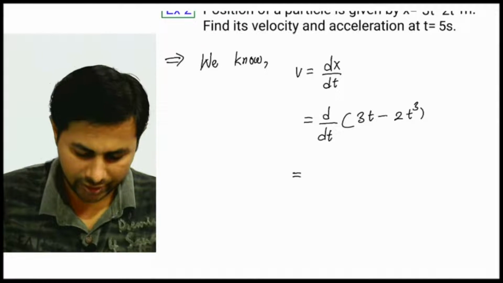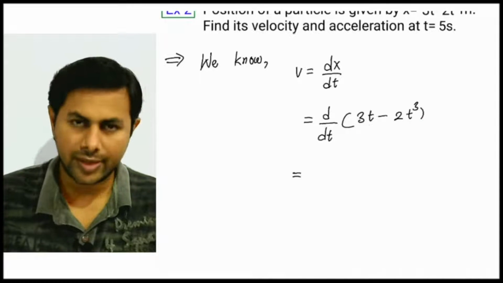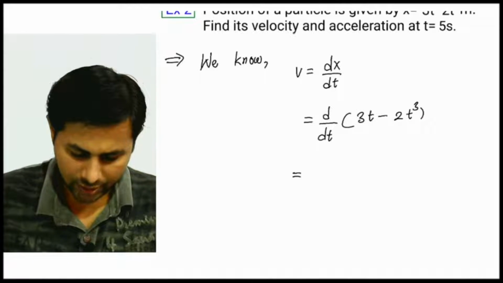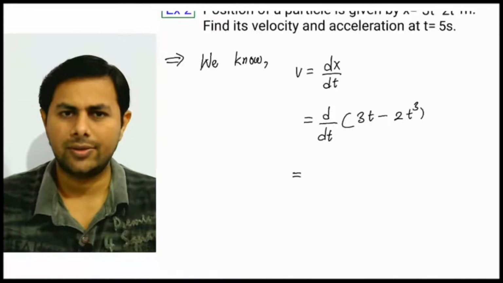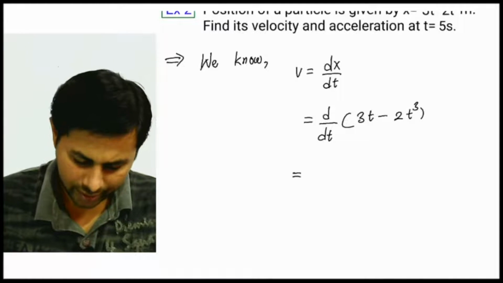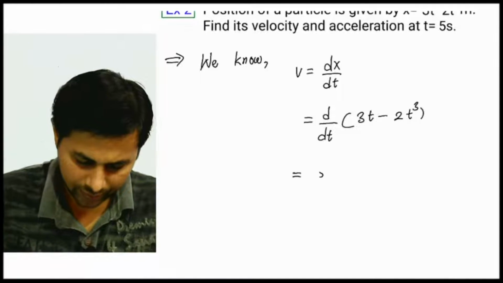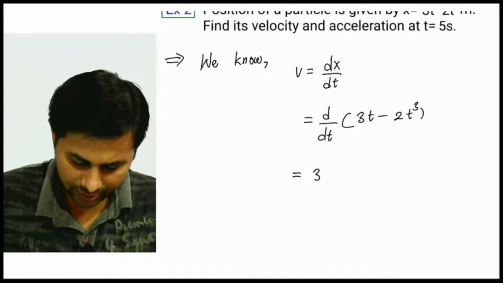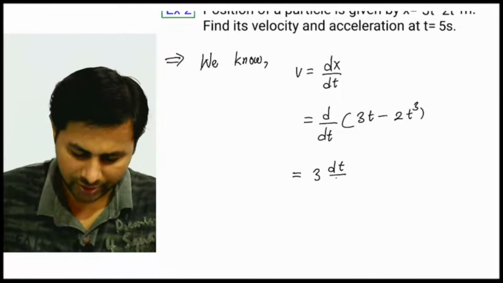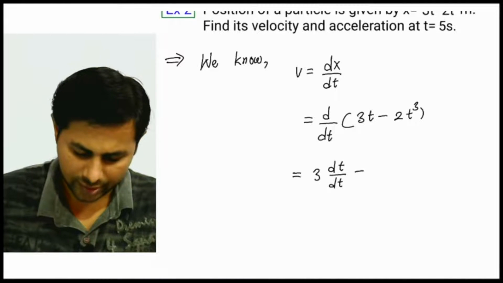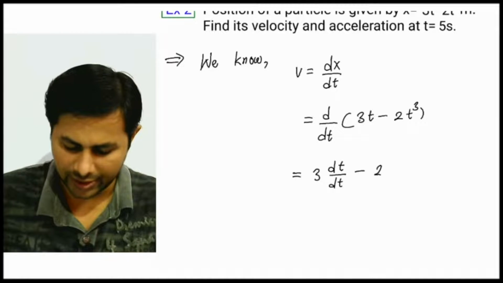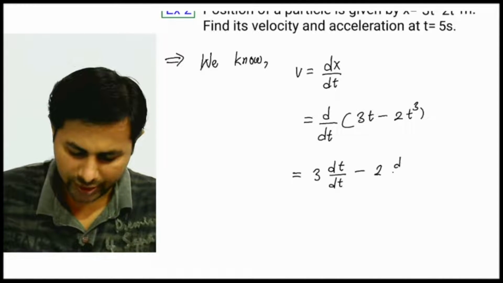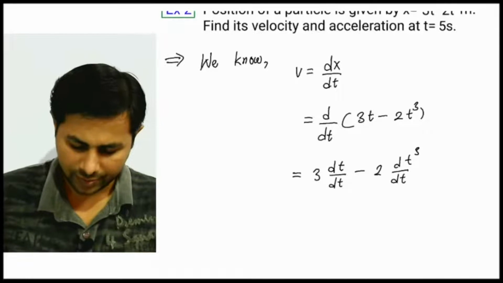So now let's take the derivative term by term. In the first term 3 is constant, we can take it outside. So we have 3 times the derivative of t with respect to t, that's 1, minus, in the second term we can take 2 outside, d by dt of t raised to 3.